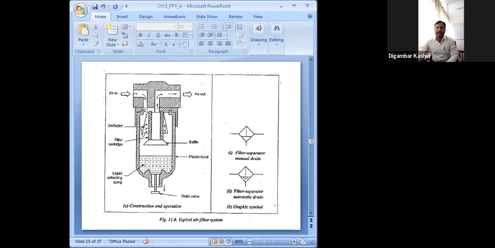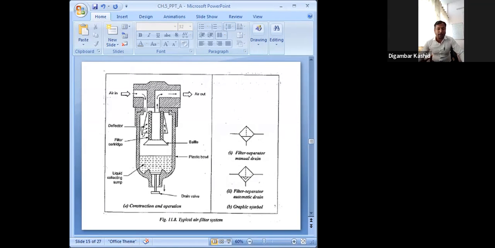Then the accumulated water and other solid particles at the bottom of this filter bowl are drained off with the help of this drain valve. This is the on-off drain valve located at the bottom of the filter bowl.